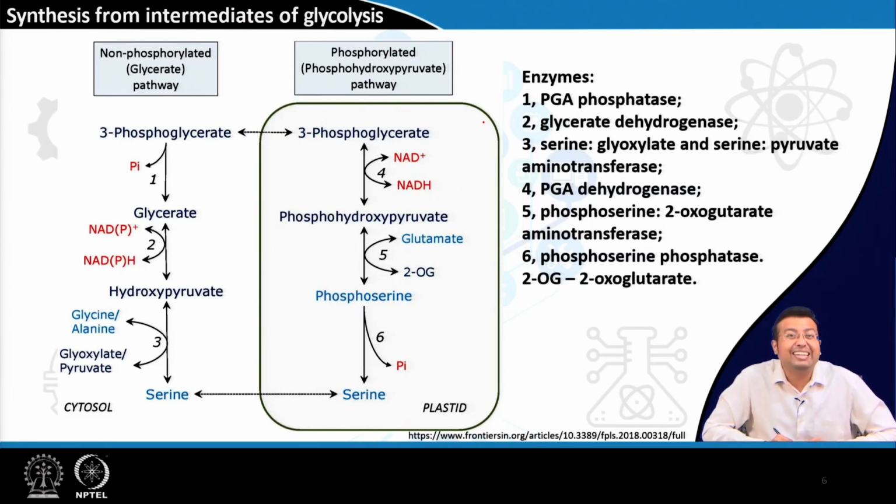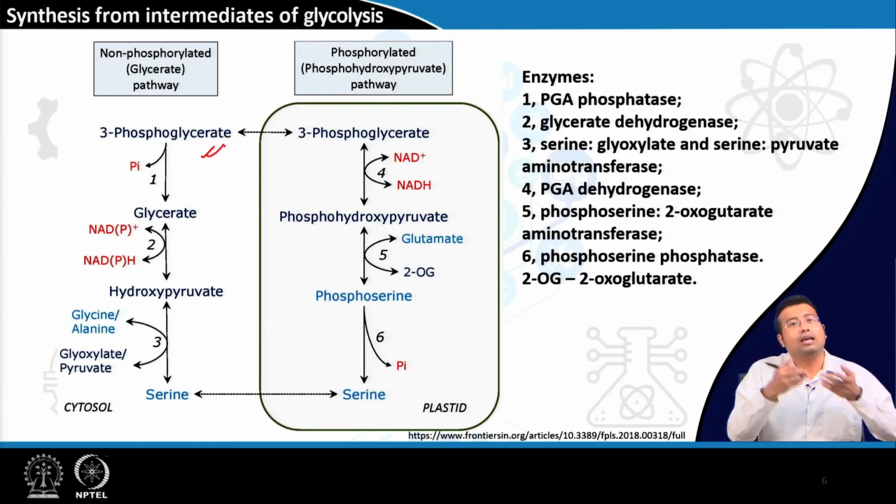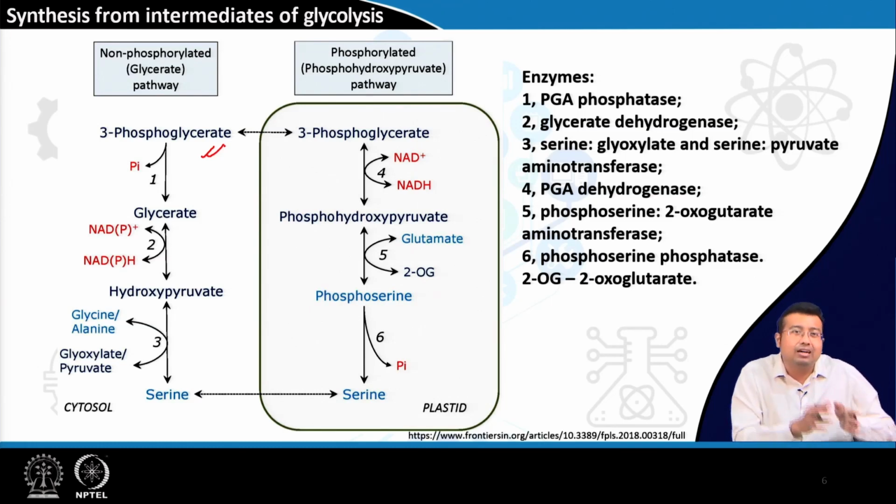Next, synthesis from intermediates of glycolysis. Now, we already are familiar with what are the intermediates of glycolysis, right. So, you can see 3-phosphoglycerate is an intermediate of glycolysis. Now, it has been found in animals, a few plants and lower animals that the production of serine can happen from both varieties.